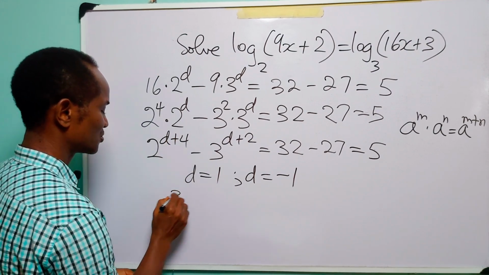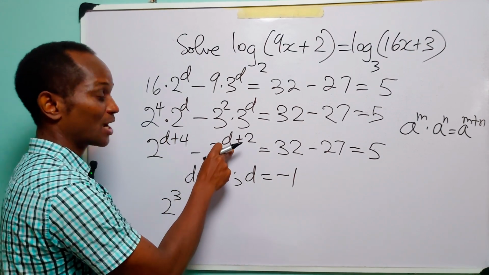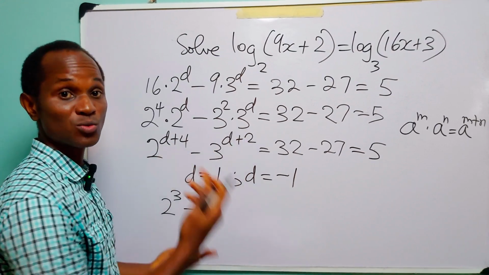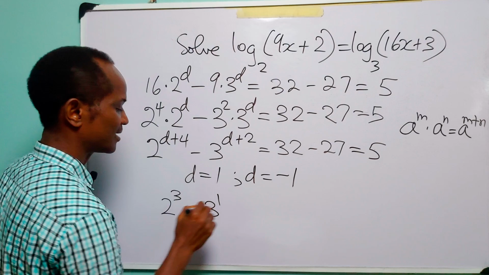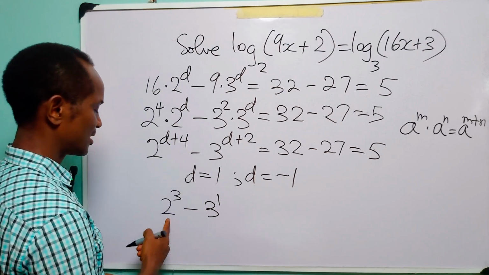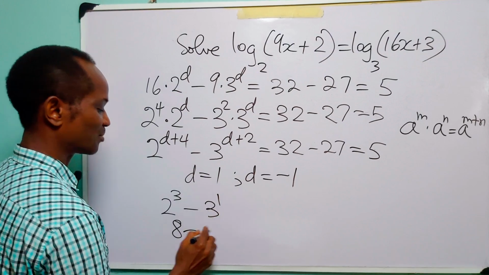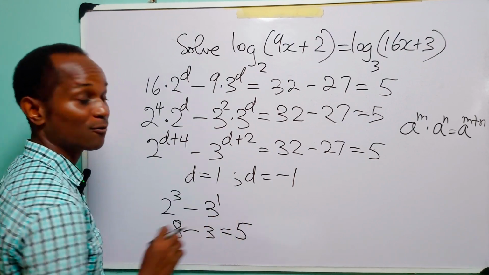So we have 2 to the third power. And when you do the same thing here, you have minus 1 plus 2, which is equal to 1. So we are going to have 3 raised to power 1. Now 2 to the third power is 8, and 3 raised to power 1 is 3, and 8 minus 3 is equal to 5.